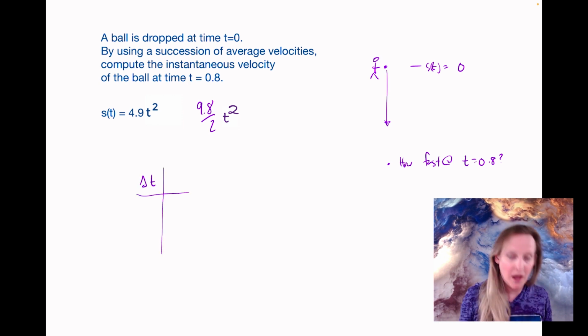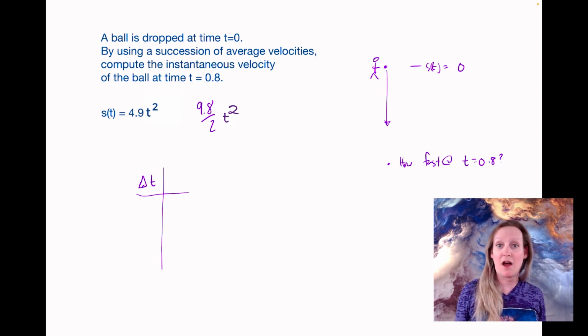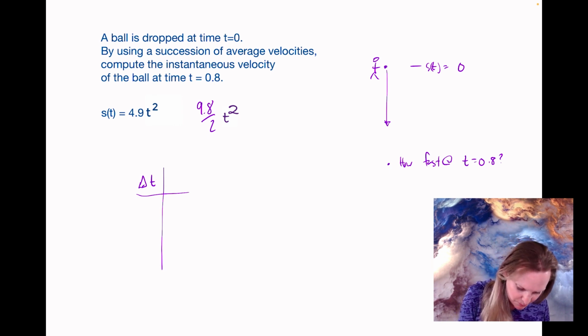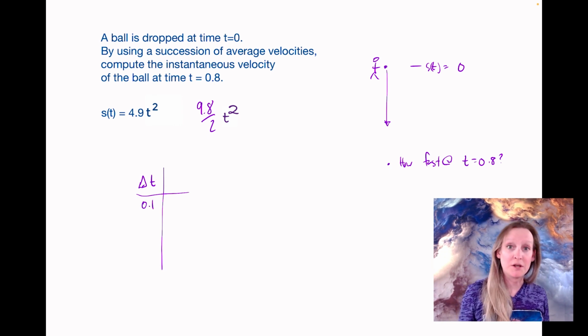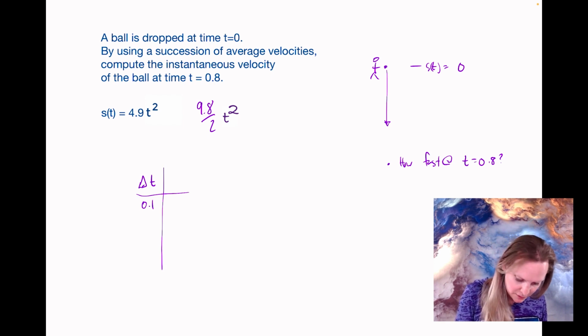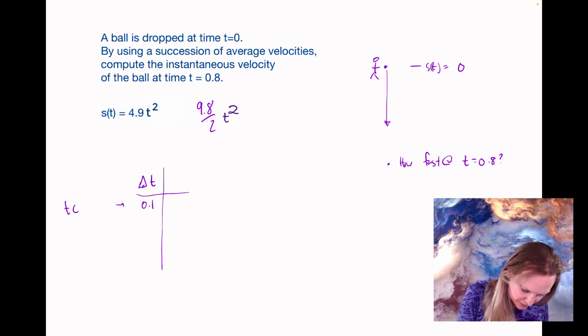So the first column I'm going to build in my table is delta t's. And I'm going to start by computing the average velocity when delta t is 0.1. That corresponds to the time interval from 0.8 to 0.9 because the difference between those two things is 0.1.